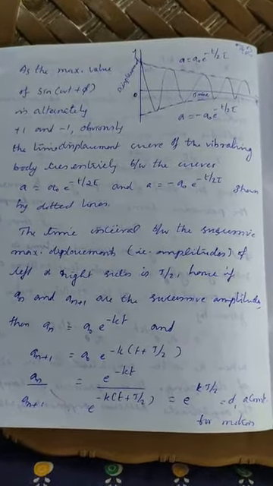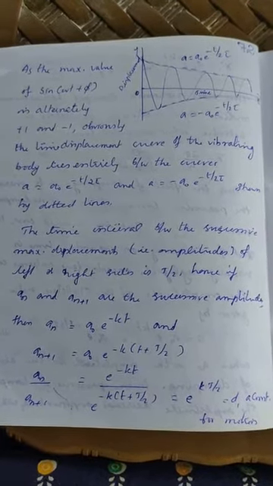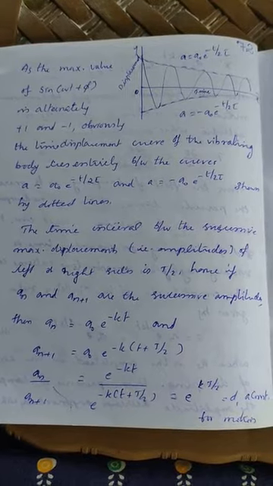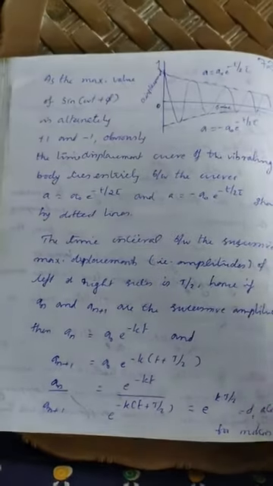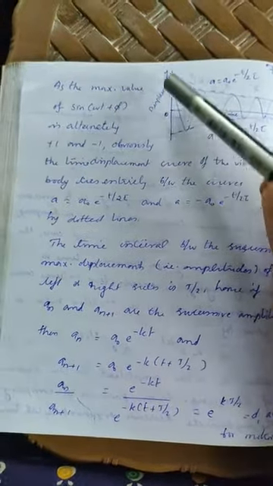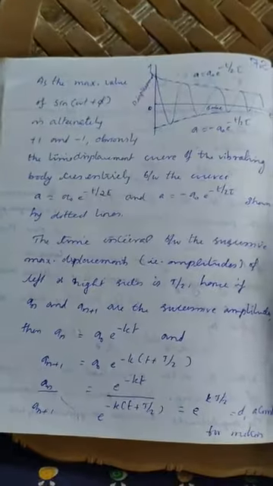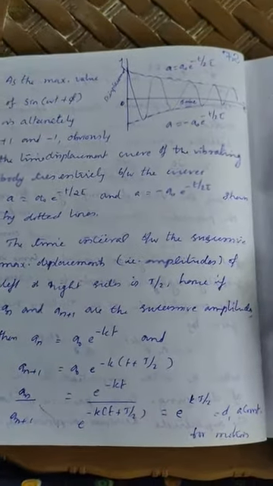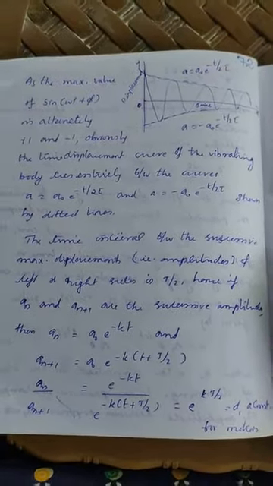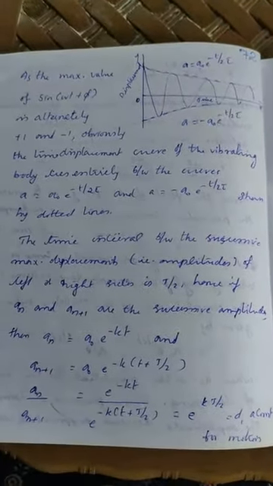So obviously the time displacement curve of the vibrating body lies entirely between these curves. So this oscillatory motion will be between plus 1 and minus 1. It's quite obvious since the sine function can have up and down values maximum as plus and minus 1.